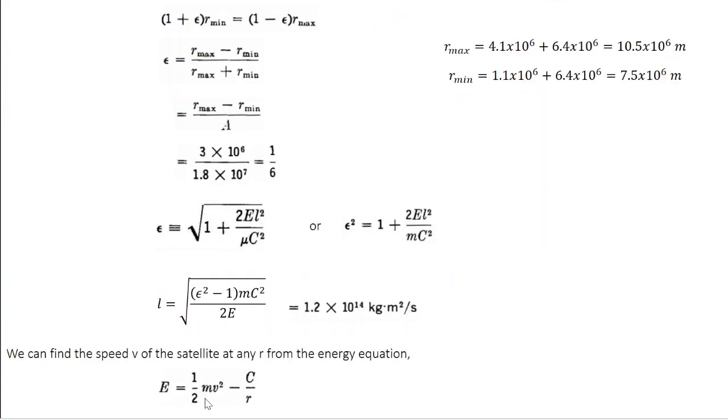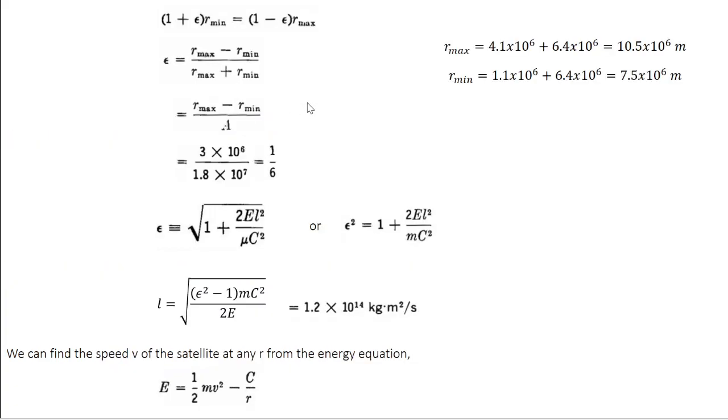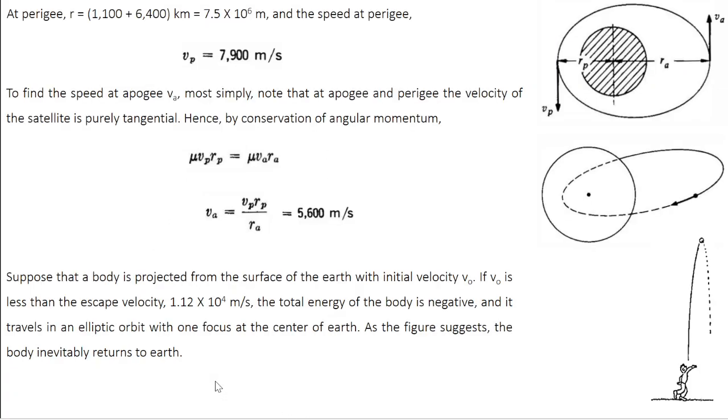So at this point, what is the velocity? In this expression, we know the value of m. This is 2000 kilograms, and the value of r is nothing but Rp, and the value of c is known, and we know the total energy. Total energy remains a constant by virtue of the central force motion. So all the parameters are known. When you substitute in this, you get the value of V as 7900 meters per second.